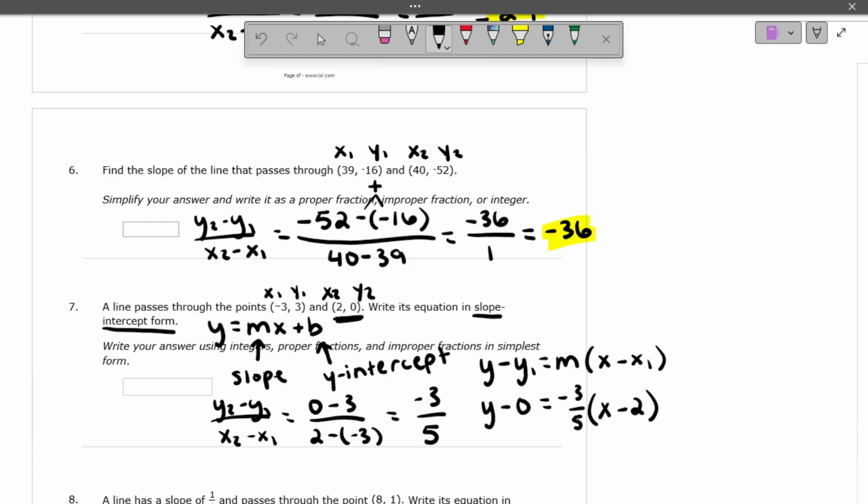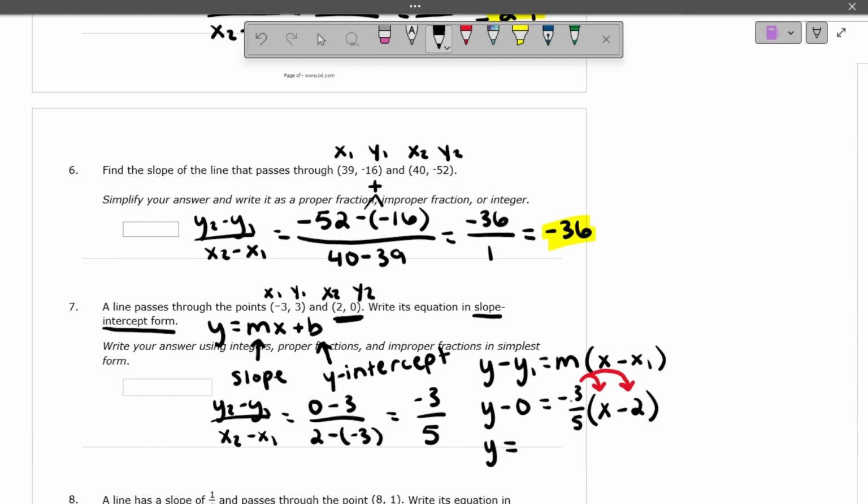And then from here, we are going to solve for y, which should then get us into our slope-intercept form, just like the problem is asking. So in order for us to solve for y from here, we are going to distribute this negative 3 over 5 into the x and into this negative 2. So I'm going to bring down this y. In fact, it's just y minus 0, so we don't even need to do anything with this 0. Let's just get rid of it.